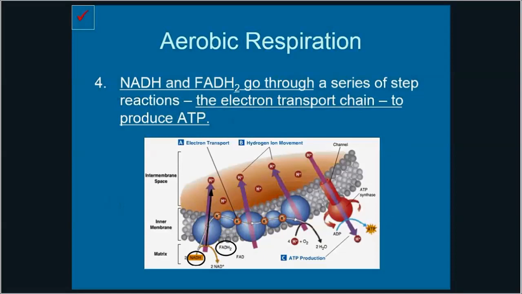So again, this inner membrane space becomes positively charged with all of these hydrogen ions accumulating in there, and the electrons that were released from that get carried through all these protein channels and end up creating water as a byproduct.